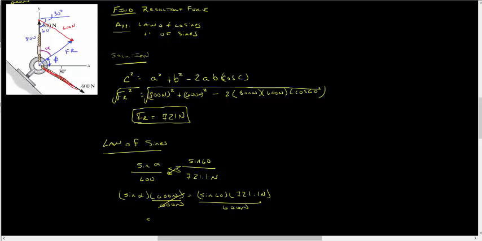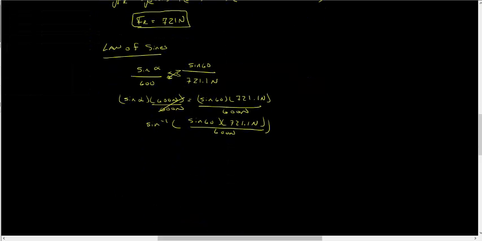So the arc sine of all of this is going to equal alpha. When I plug that into my calculator, I come up with 46.1.